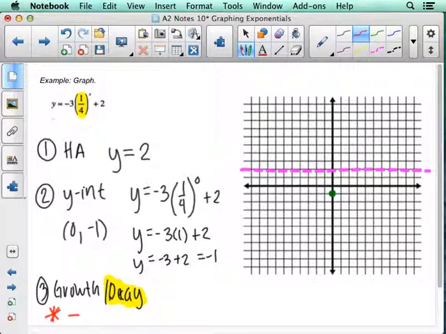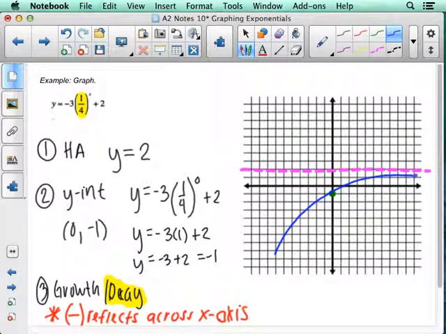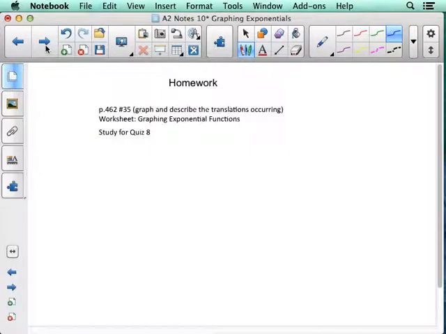And note here that that negative reflects across the x-axis. So it's like flipped upside down. So your graph's going to go like this. It's going to pass through your y-intercept. It's going to get close to your horizontal asymptote.